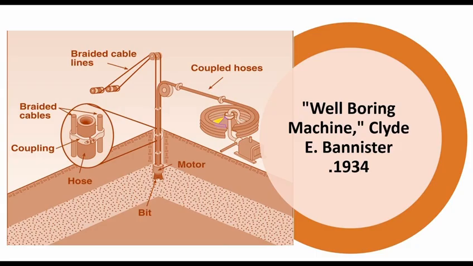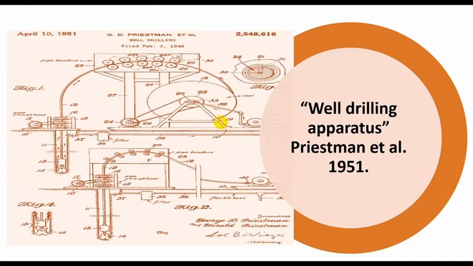So later, Priestman et al. invented the idea, previously used in World War II, when they inserted steel pipes into the well while drilling, not a live well. So no pressure control equipment was used.